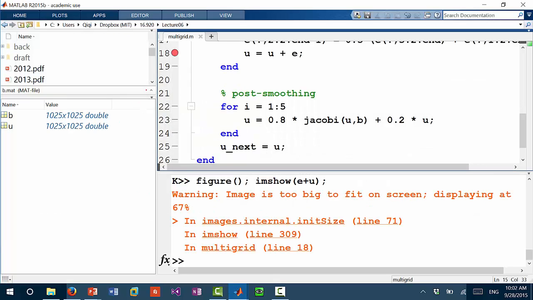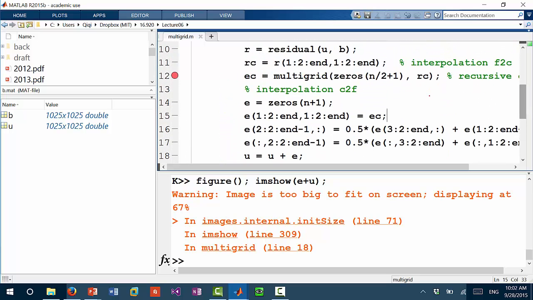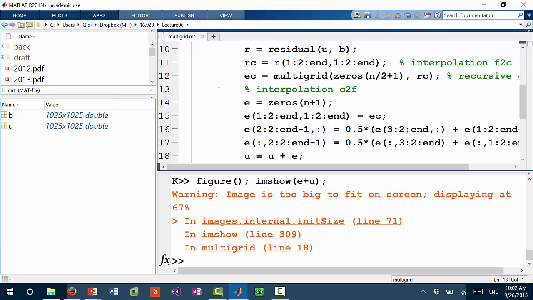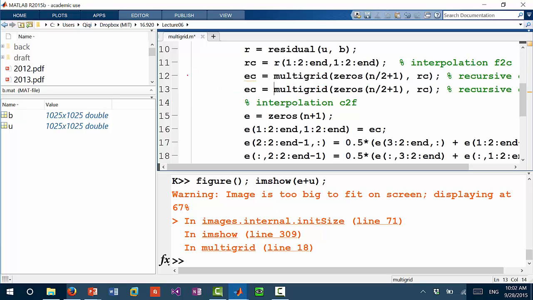The only thing we need to do, let's remove this, is copy this line, paste it, and do this. We have now changed from a V-cycle to a W-cycle.